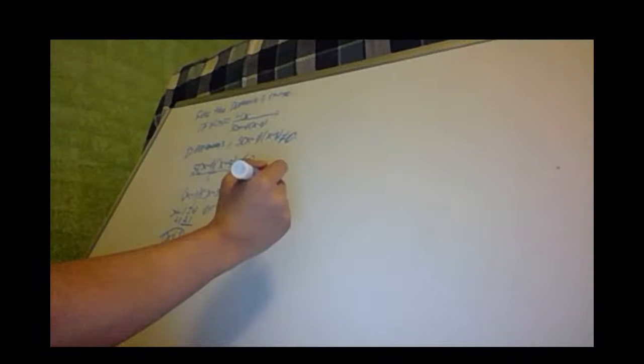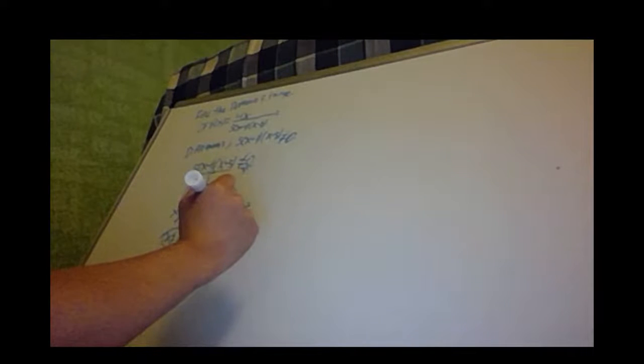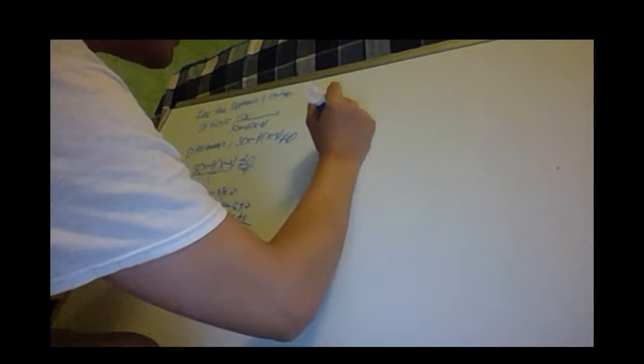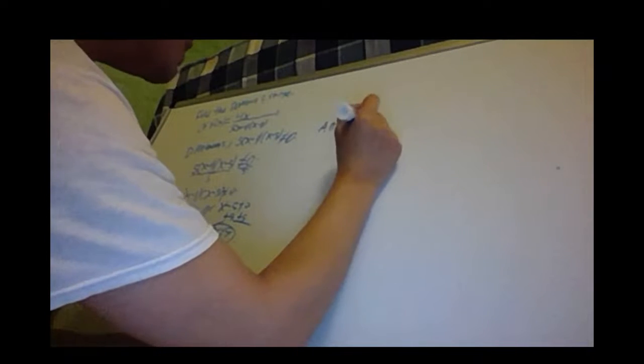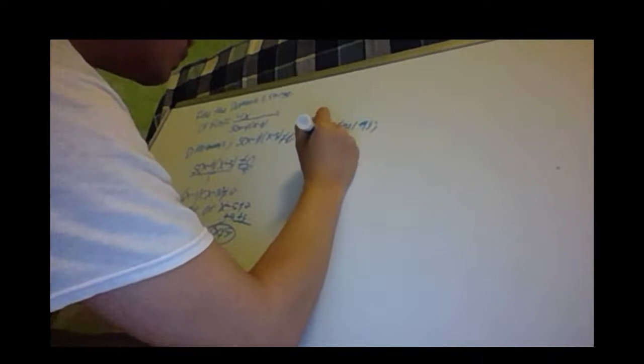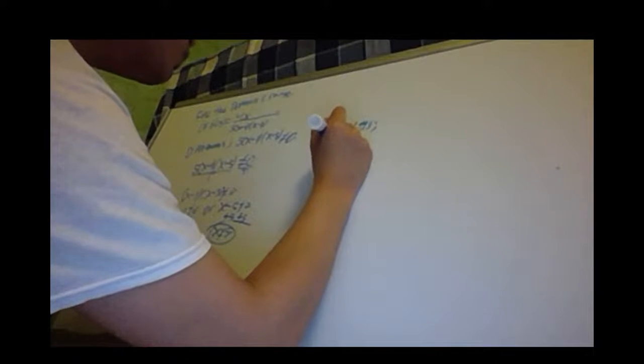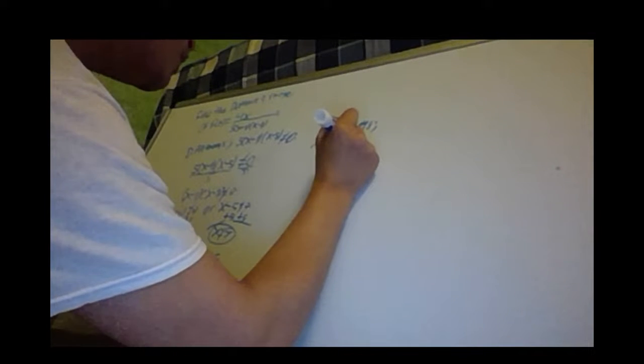Now, it depends on how they want it. Some professors can accept this. You can say all real numbers such that x does not equal 1, x does not equal 5.